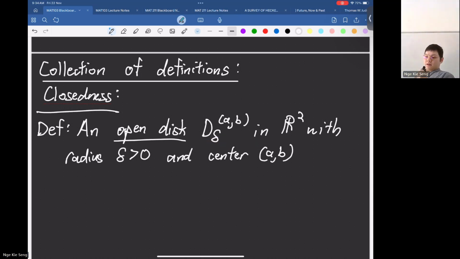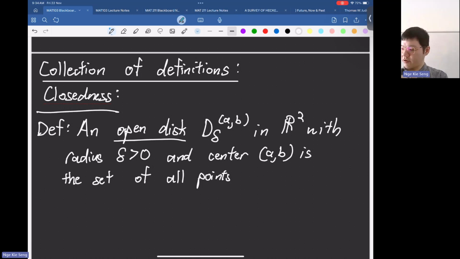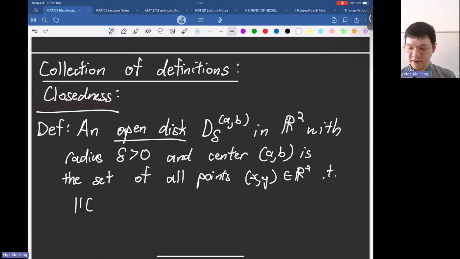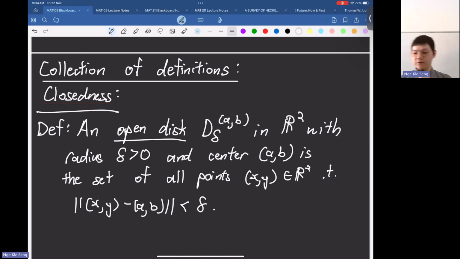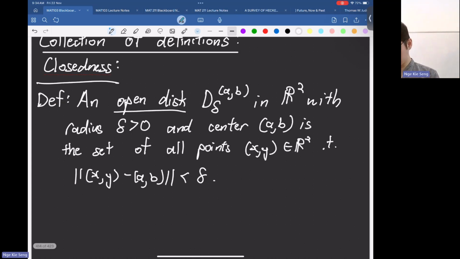Basically this is the set of all points (x, y) in R2. But is it all points in R2? No. Such that the distance between these points and the center is strictly less than delta. So how should this picture look like?